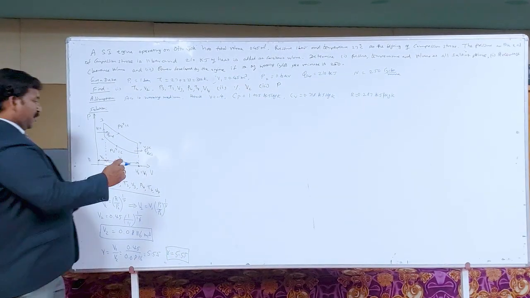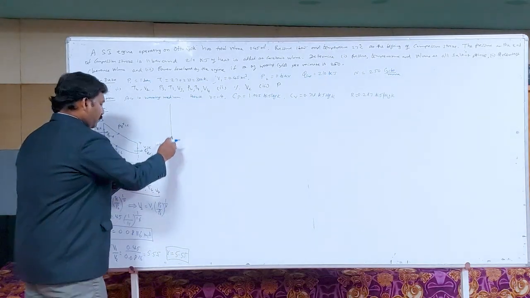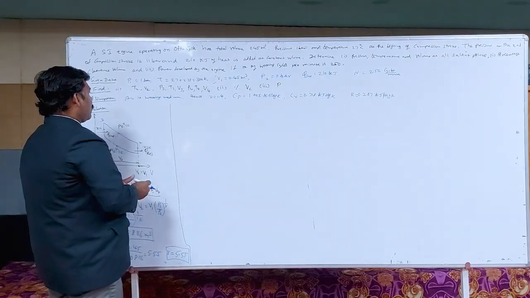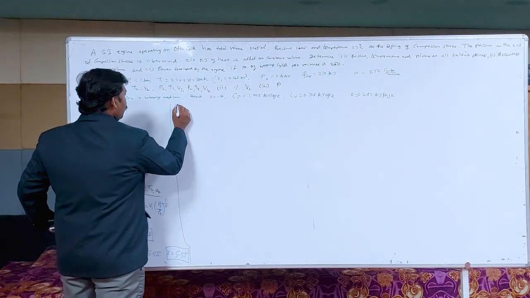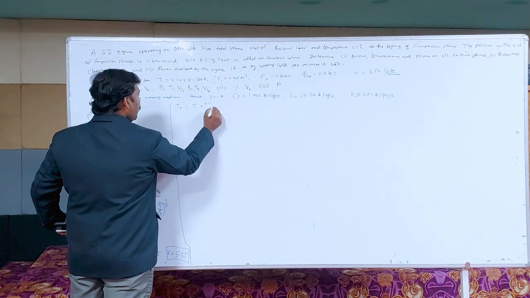Now from that I have to find out T2. So V2 we have found out, then T2 is equal to T1 into R power gamma minus 1.